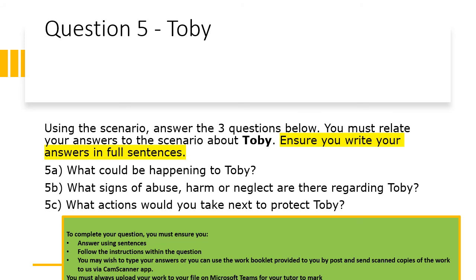So as I say, use the slides before to think about Toby and his situation and what might be happening to him. If you have a highlighter pen, or you can underline, look at Toby's story and just make some notes, underline some of the areas, highlight some of the concerns that might be happening with Toby there to help you in answering question number 5.